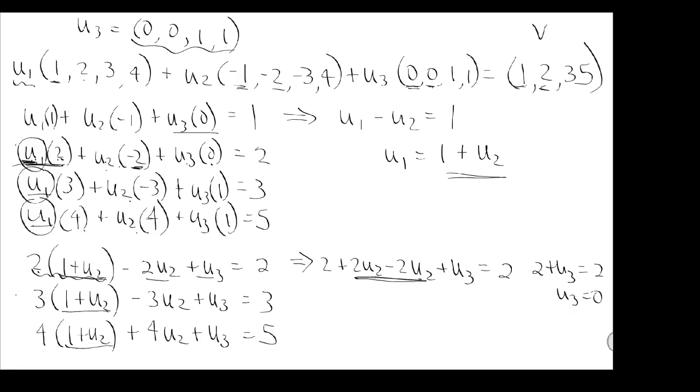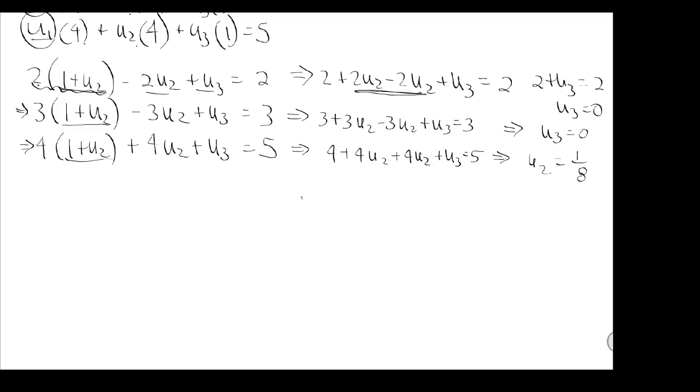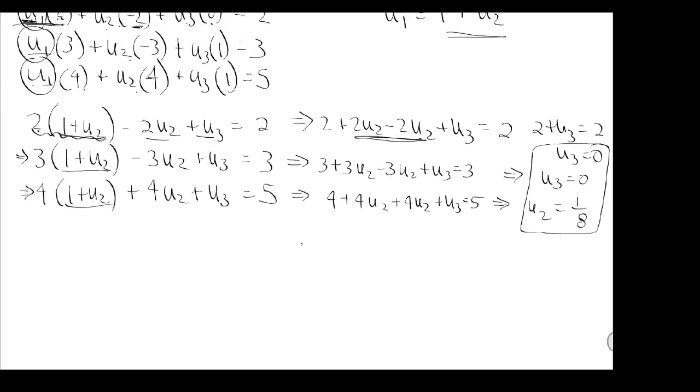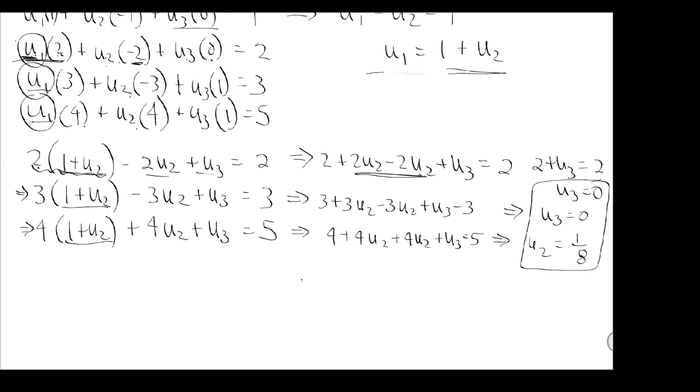Similarly, simplify the other 2 equations to get the following. So I now have these 3 results to work with, along with the fact that u1 equals 1 plus u2.